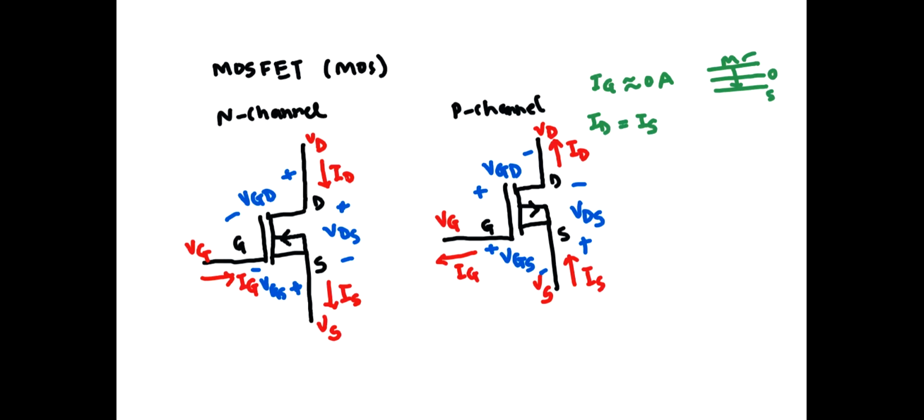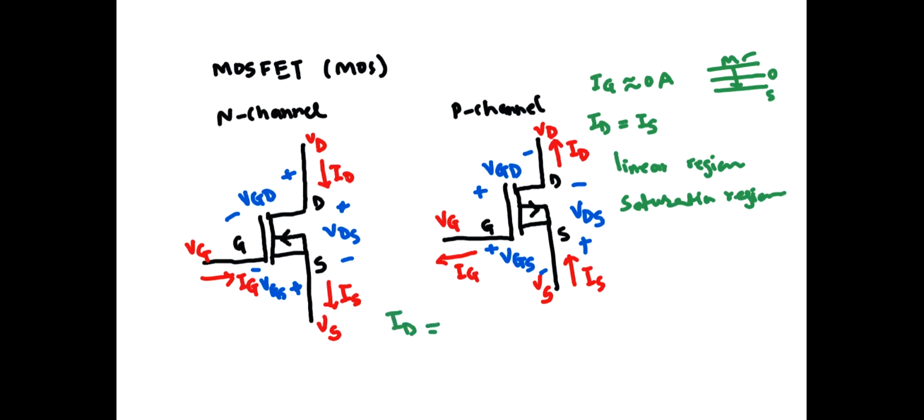One is called the linear region. We'll see in a moment. And one is called the saturation region. So let me write down the equations for the drain current in those two regions. The first equation is the drain current in the linear region.